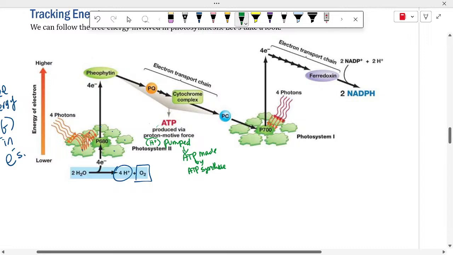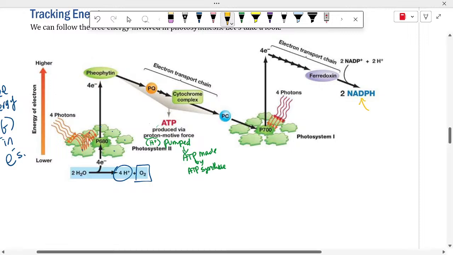Once they get to photosystem 1, more photons get absorbed, and since more photons get absorbed, the energy level gets higher. And then, as we move down the electron transport chain here, those electrons will get passed on to ferredoxin. Ferredoxin will be activated by the ferredoxin NADP reductase subunit, which will take NADP and H plus ions, and smack them together to form NADPH.